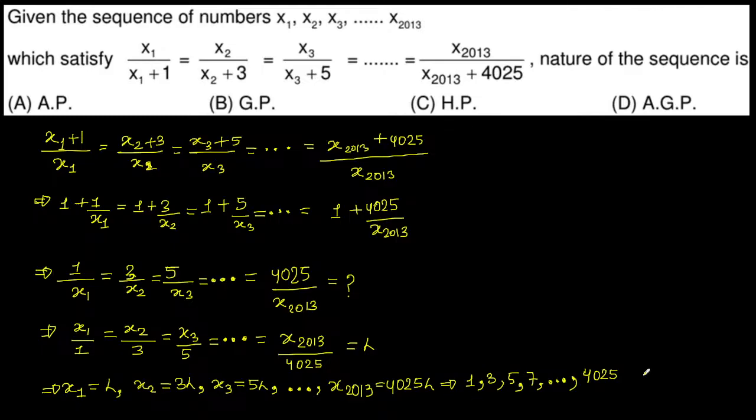So there is the gap of 2. D is equal to 2. If you remember, the difference is 2, 2, 2. So x1, x2, x3 are in AP.